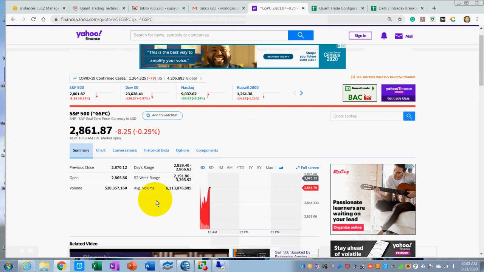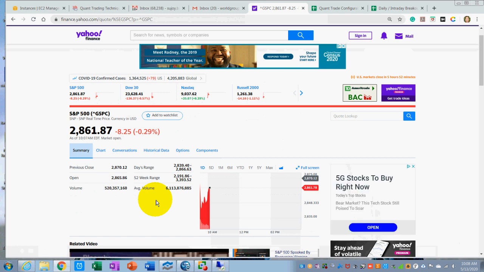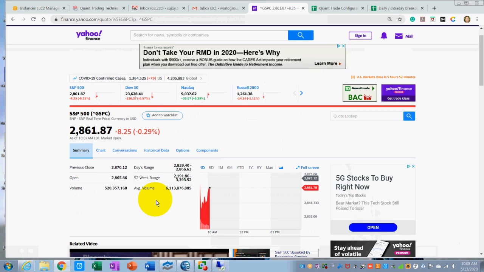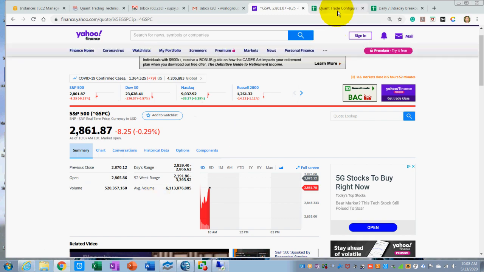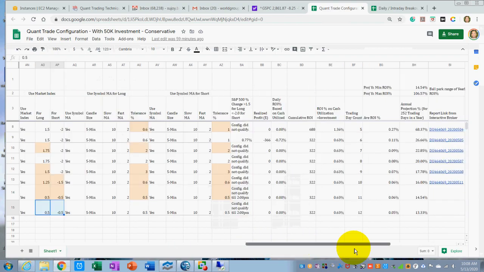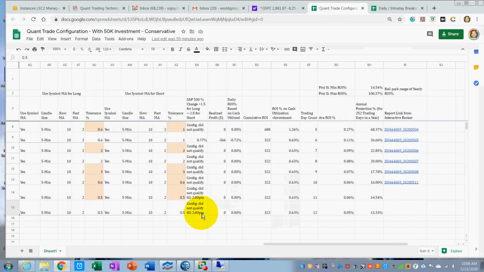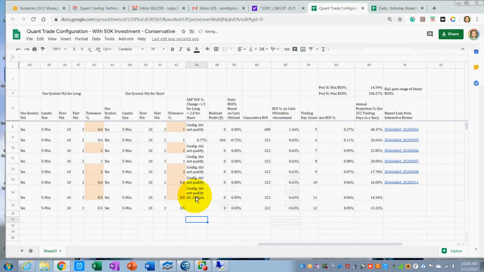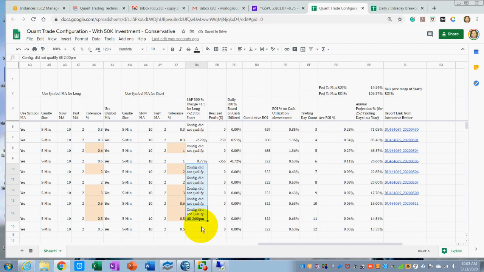But again, the downside is if you tighten the configuration, you will land up with scenarios where you are not trading for quite some time. So it's a trade-off. As I say, the last few days we did not trade because we had tightened the configuration.